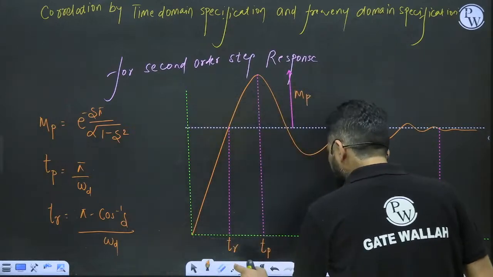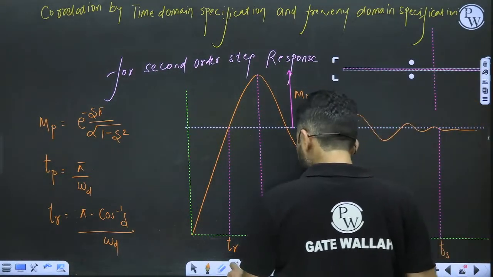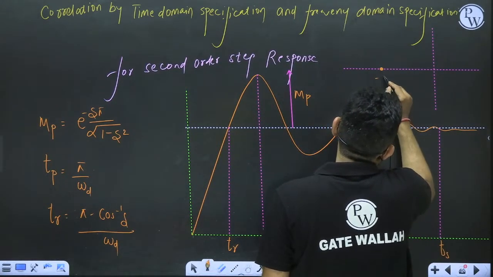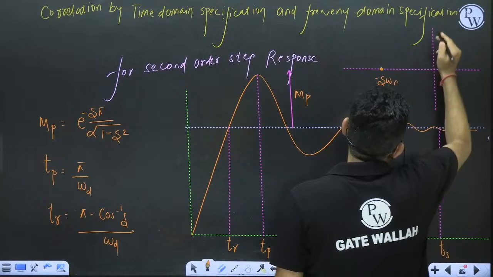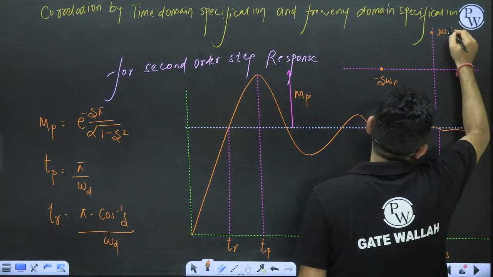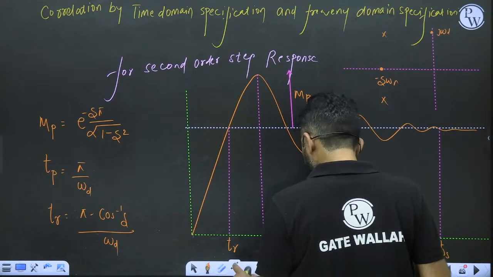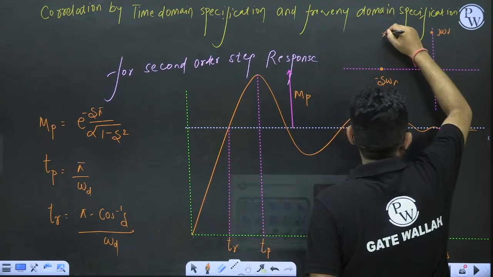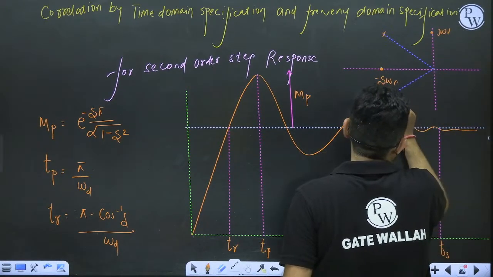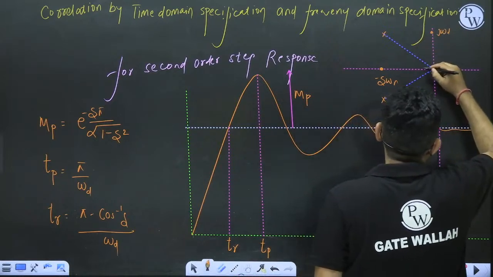And everything I evaluated for the case that I have a two pole system, in which this quantity was minus zeta omega n, this quantity was j omega d, so that I have two poles, one is here, one is here. The distance from here to here is basically the second order pole, and this is the angle.